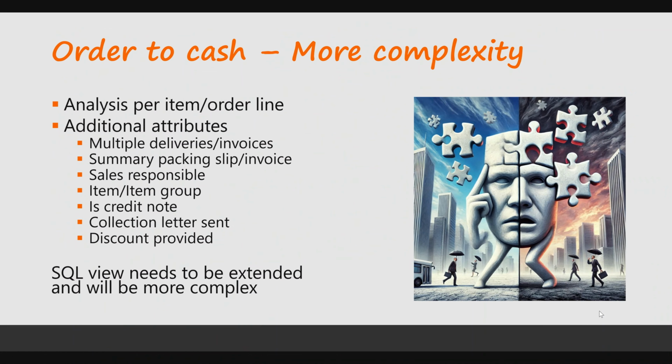But before that, if you want to add more complexity to this query, maybe you would like to have an analysis per item on the order lines, or you can think of additional attributes like were there multiple deliveries or invoices, or was there a summary packing slip or invoice? Do you want to know who was the salesperson?